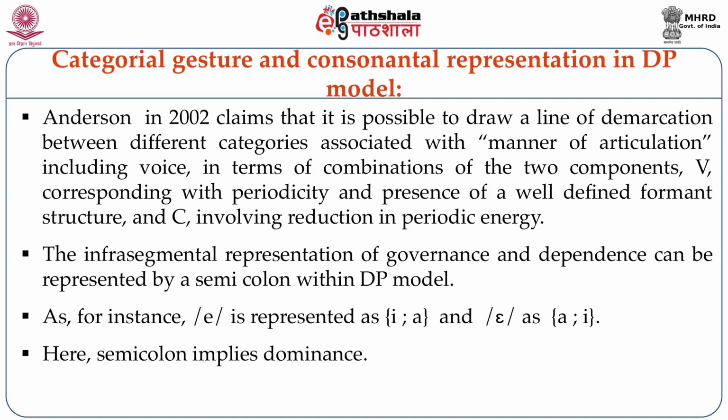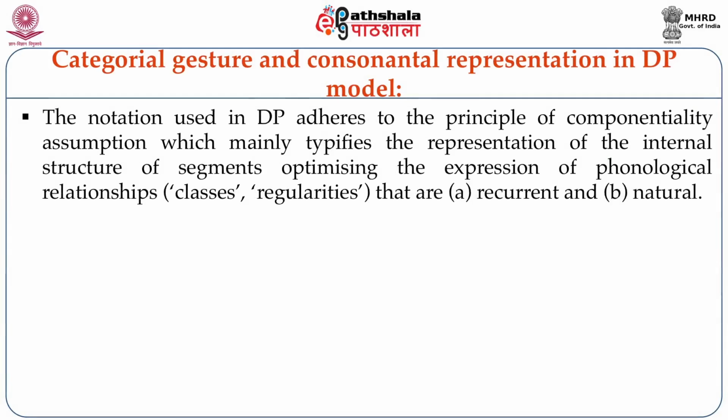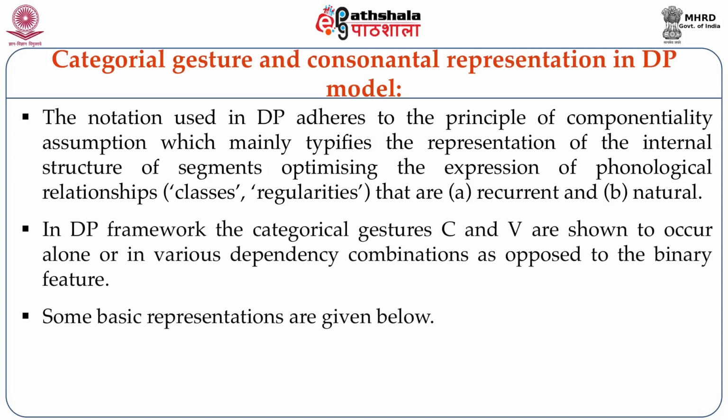Then in A semicolon I, I is the governor and E is the governee, because it appears on the left side. Here the semicolon implies dominance. The notation used in DP adheres to the componentiality assumption, which typifies the representation of the internal structure of segments, optimizing the expression of phonological relationships, classes, and recurrent natural regularities, because we are talking about phonological patterns here.